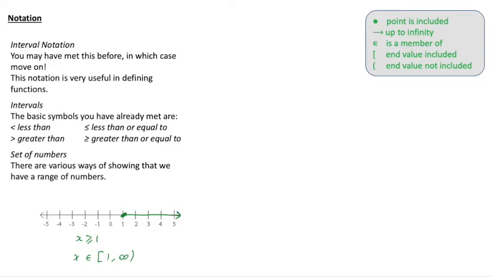But using set notation or interval notation, we can say that x is a member of, that's that sort of Greek E, the set from square bracket, which tells us the end value is included, from 1 up to infinity. Infinity always has a round bracket because that means the end value is not included, and of course we never get to infinity.